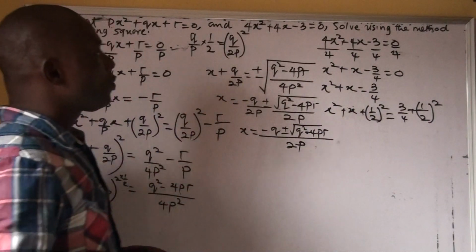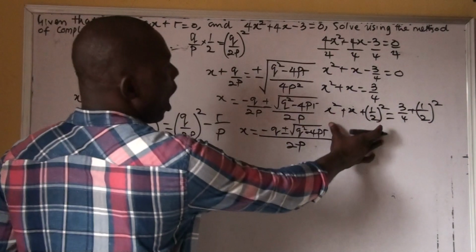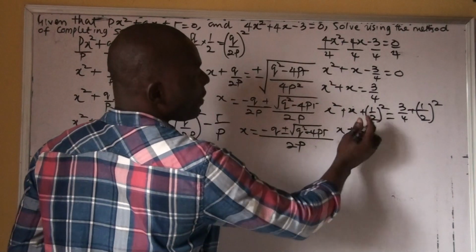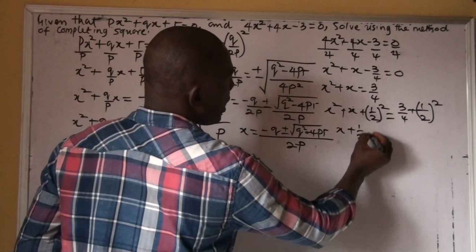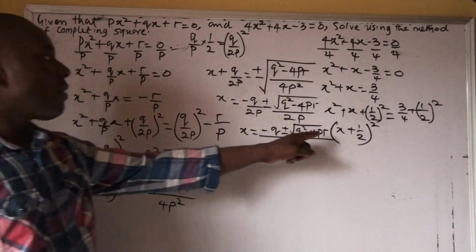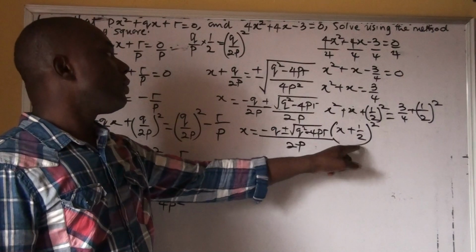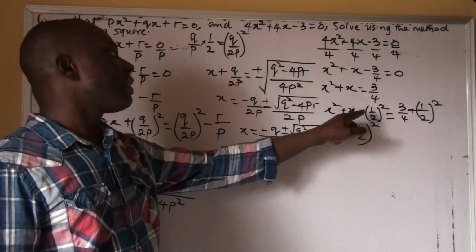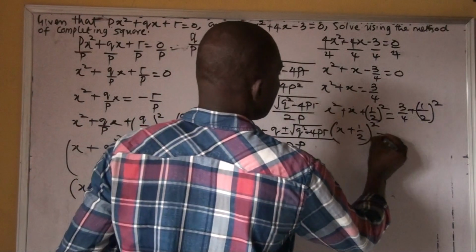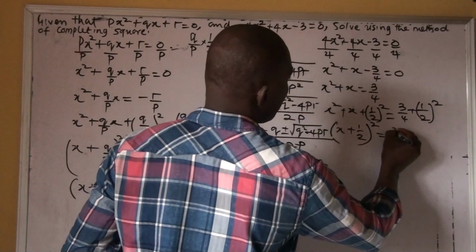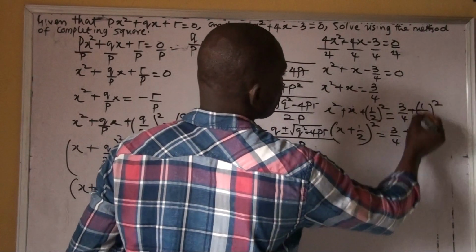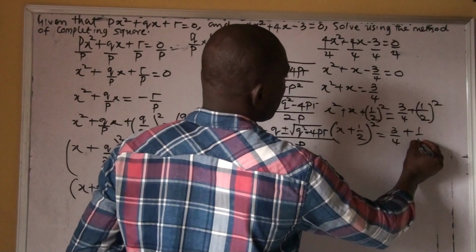So here, like I told you, once you are in this place, the left side becomes x plus 1 over 2, all bracket square. What we have written here, x plus 1 over 2 all square, is the same thing as x squared plus x plus 1 over 2 all square. Then the next thing is we look at the right hand side. Here we have 3 over 4 plus 1 over 2 squared; 1 squared is 1 and 2 squared is 4.